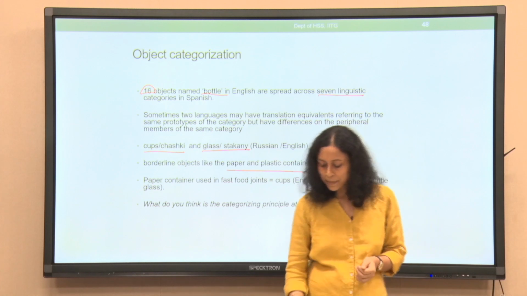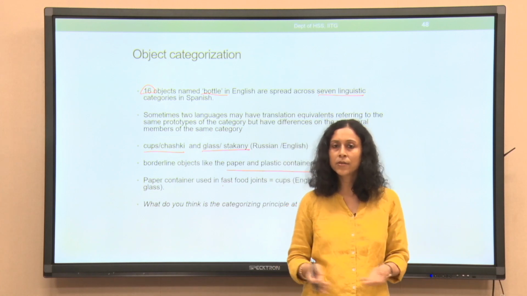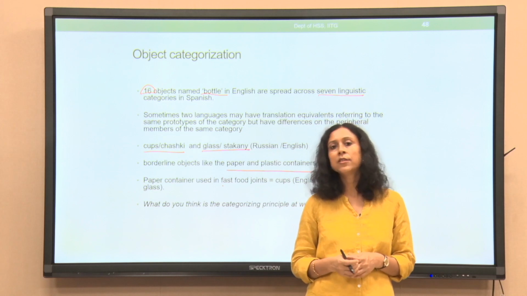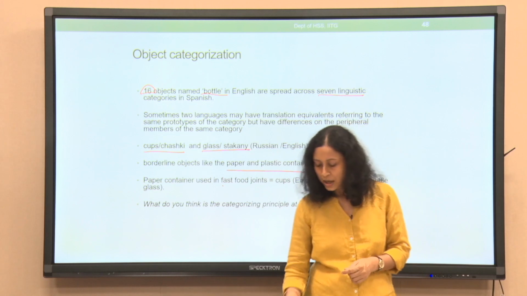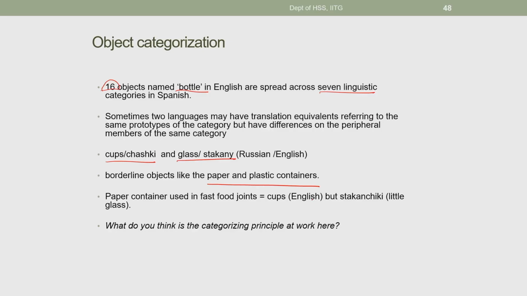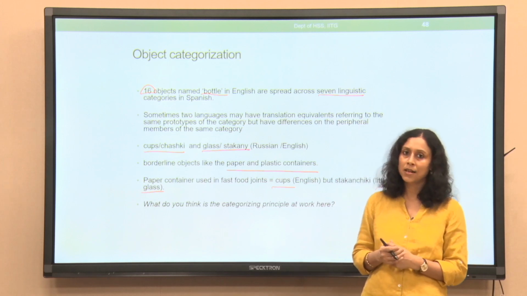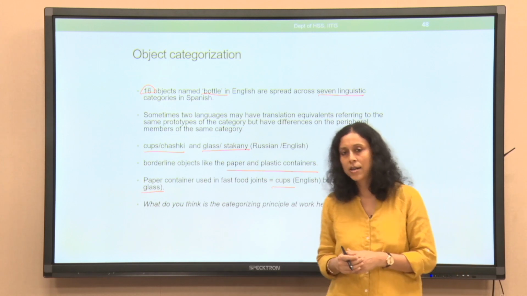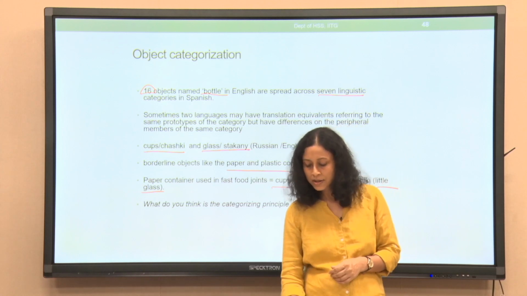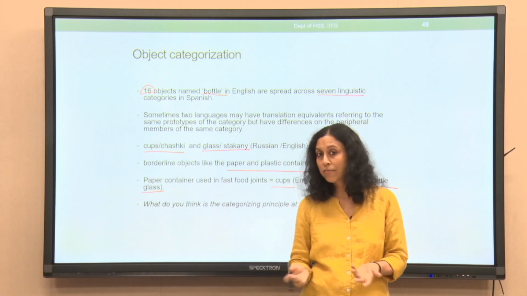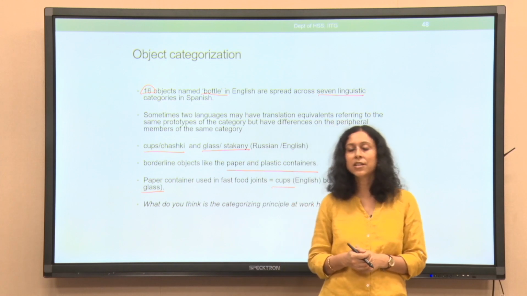For example, the paper container that we are all familiar with, at any fast food joint or coffee shop, what they give is a paper cup, and in English we call it a cup. But in Spanish, in Russian, they will call it a little glass. They will not call it a cup, even though it is performing the same function that a cup does, that is giving you tea or coffee in, but probably because it is dependent on the shape.